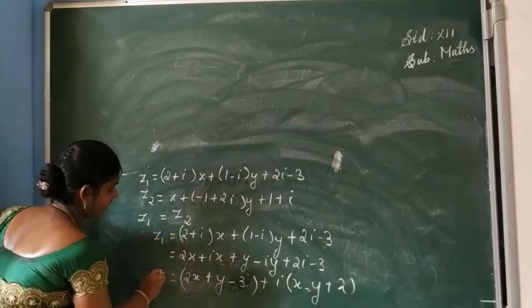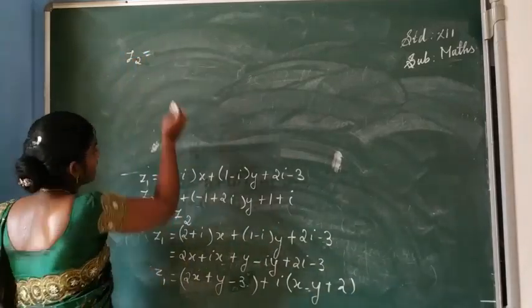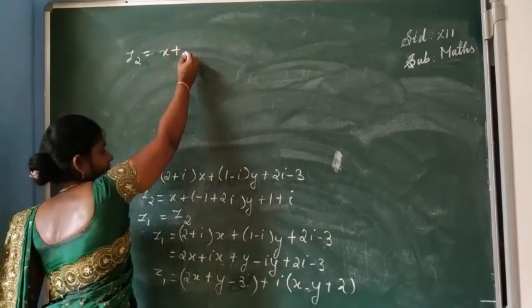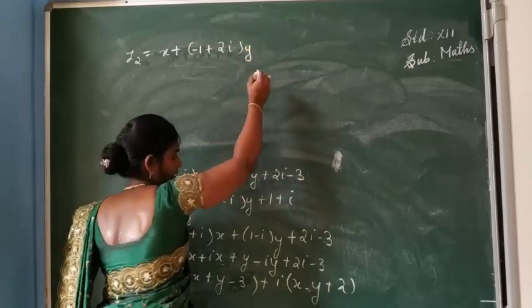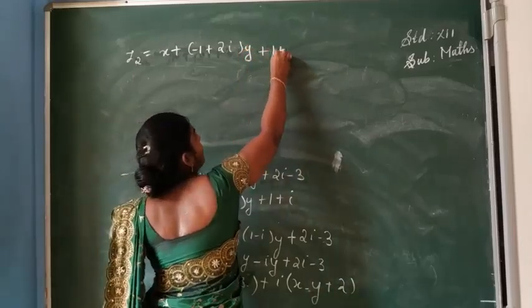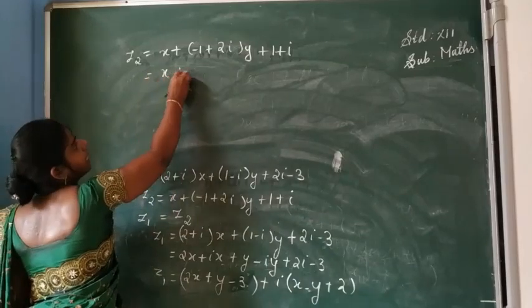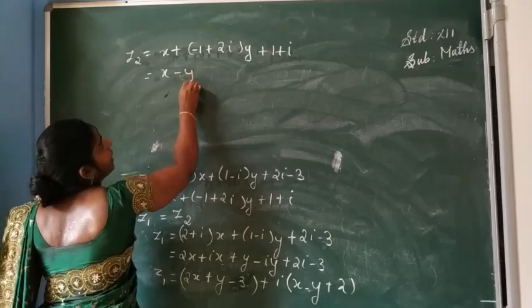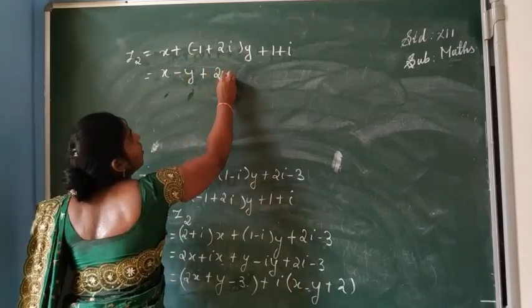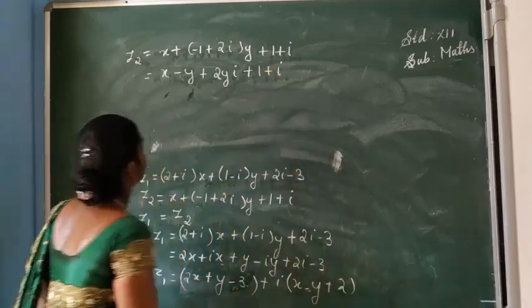This is Z1 value, then Z2 equal to x plus minus 1 plus 2i into y plus 1 plus i. That's equal to x plus multiply, so minus y plus 2yi plus 1 plus i.